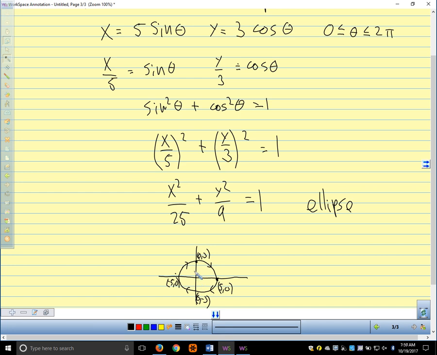When theta is pi over 2, sine of pi over 2 is 1, so x is 5. So we go from here to here between theta equals 0 and theta equals pi over 2. As the parameter is increasing, I'm going that direction. If you went to pi, then sine of pi is 0, so we'd be back to here. Okay?